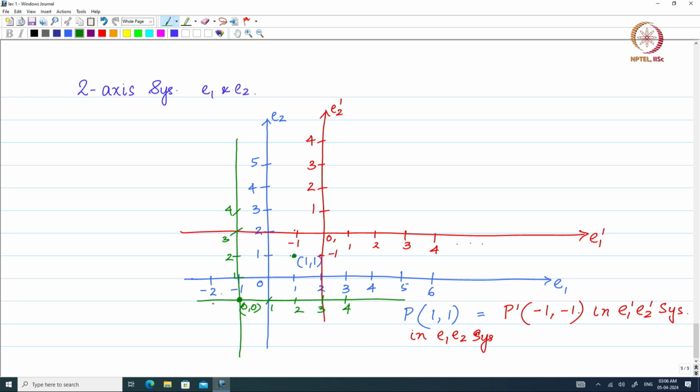This point is P double prime, 2 comma 2, in the E1 double prime E2 double prime system. Let me call this E1 double prime, and that E2 double prime.